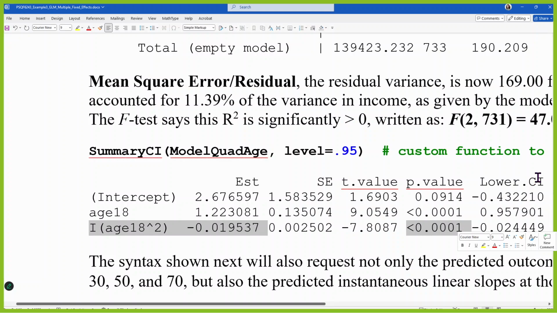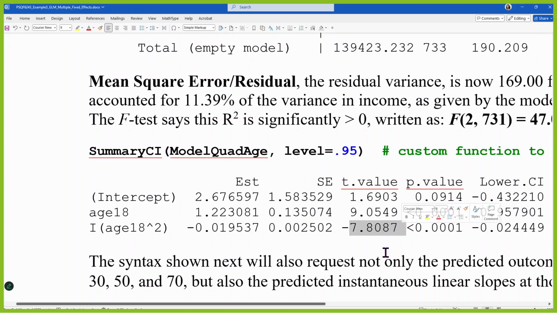It tells us that yes, the quadratic slope is significant. It is highly unlikely to have found a slope this large if the true slope were 0. And you're like, this is pretty close to 0, but the standard error is pretty small. So this quadratic slope is like 8 standard errors away from the null hypothesis. Definitely into unexpected territory. So yes, it looks like we need the quadratic.